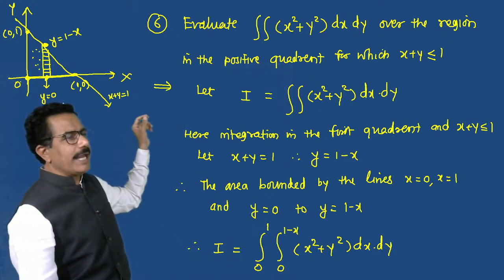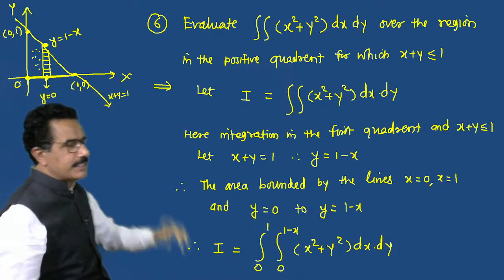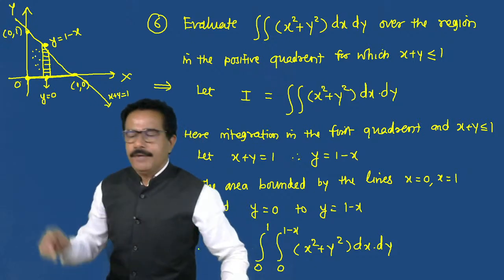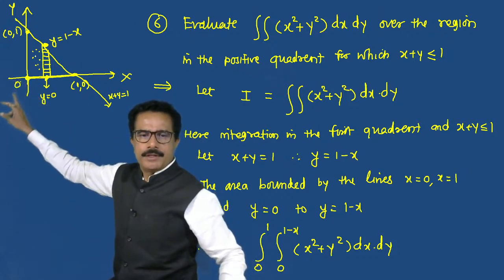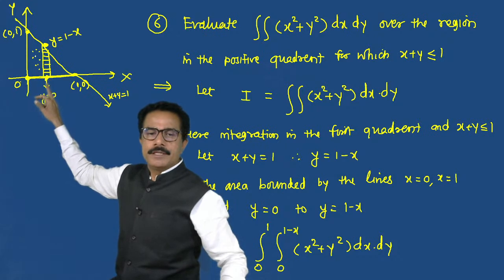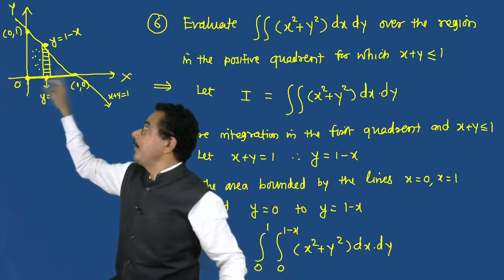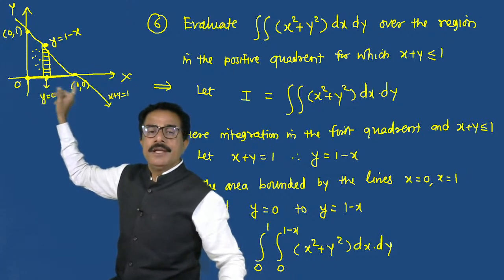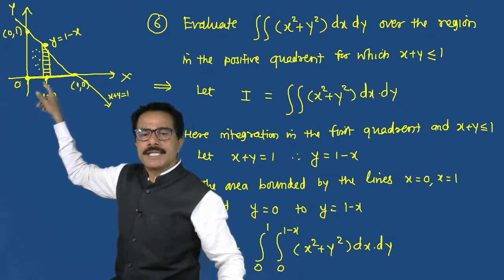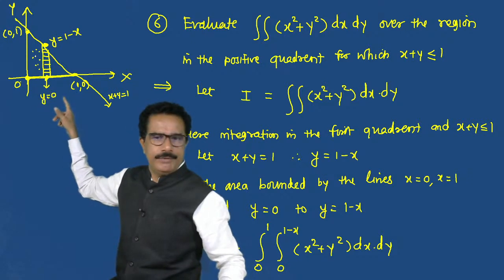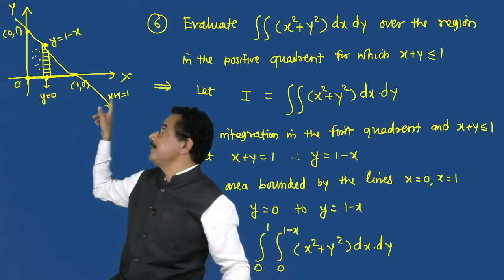If we consider this a strip, in that strip the lowest point is y equals 0 and the topmost point is on a straight line whose equation is given, x plus y equals 1.